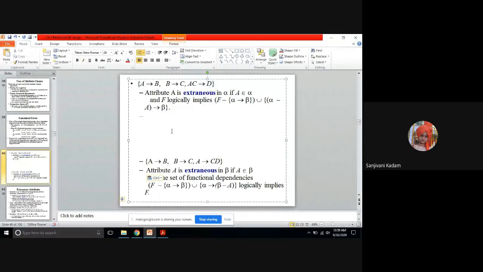Alpha equal to AC is there. Now I will use the C attribute to check if it is extraneous.